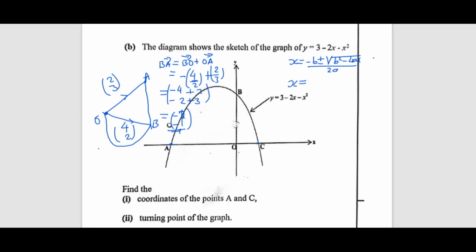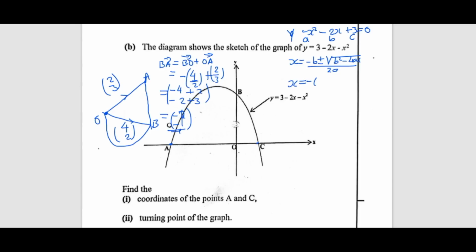So let us arrange this equation in order. We'll start with negative x squared minus 2x plus 3 is equal to 0. A, B, C. So A is the coefficient of x squared, which is negative 1. B is negative 2.